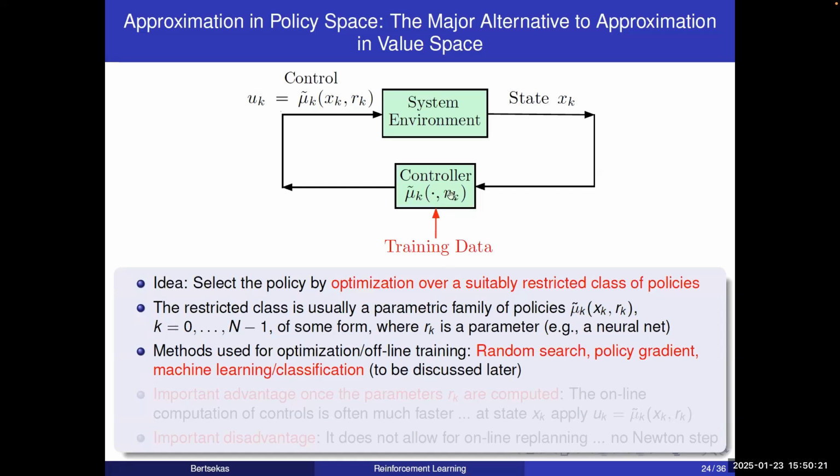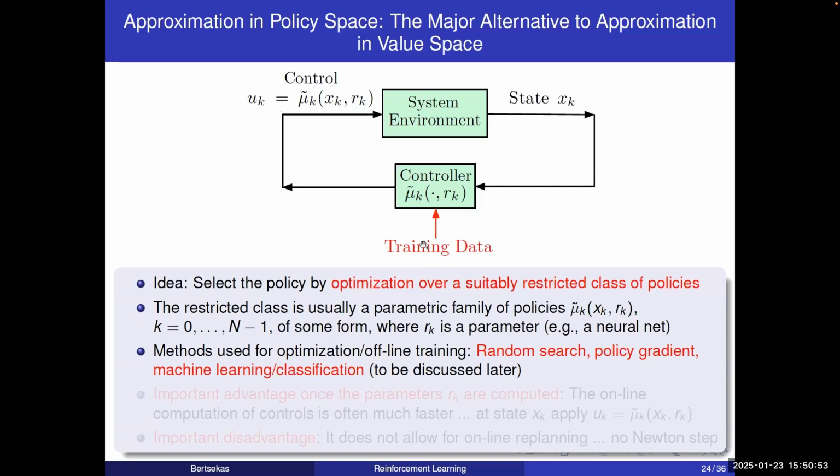The methods used for optimization or offline training to get this r that approximates the training data well include random search. This is one of the possibilities. But nowadays, one of the prominent approaches is the policy gradient type of method. Essentially, to approximate mu k well with the training data, we construct some cost, typically a least squares type of cost.